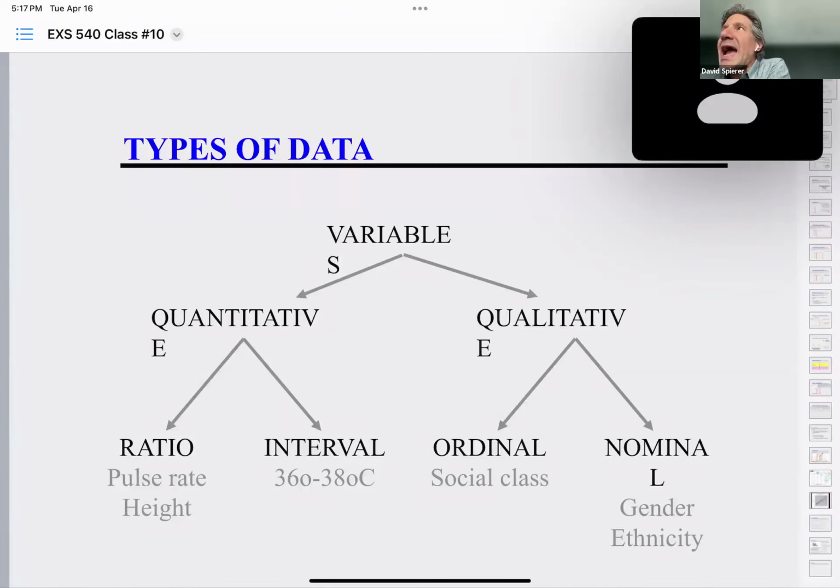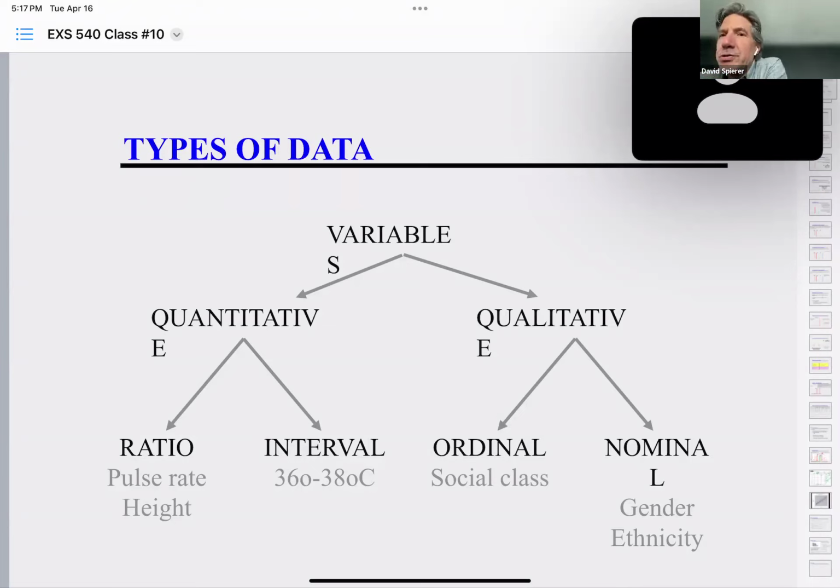You're measuring actual numbers, and I'll talk about that when I talk about ratio and interval. Whereas qualitative is more subjective. We're getting information like emotion, opinion, usually semantics. It usually has to do with words and not as much with numbers.